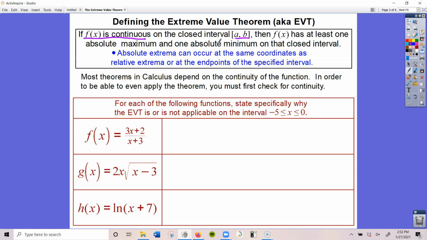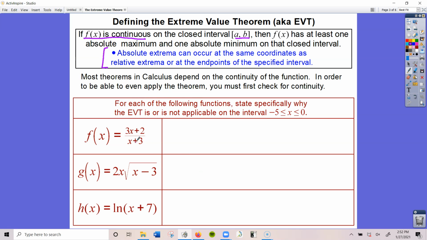If it is continuous, then there is at least one absolute maximum and one absolute minimum on that interval. Keep in mind that absolute extrema, as we saw in the previous examples, can occur at the same places as the relative extrema or at the endpoints of the specified interval.